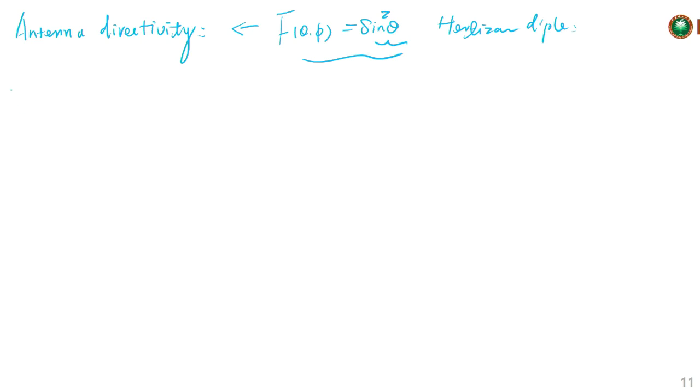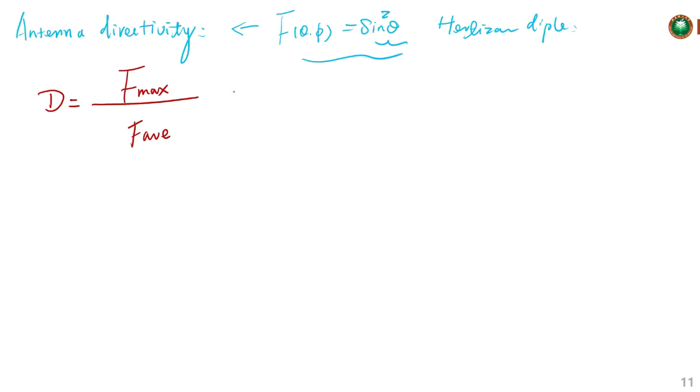But here, coming back to the most important part, directivity, we use D to represent it. It can be expressed as the maximum of the normalized radiation intensity divided by the average of the normalized radiation intensity.